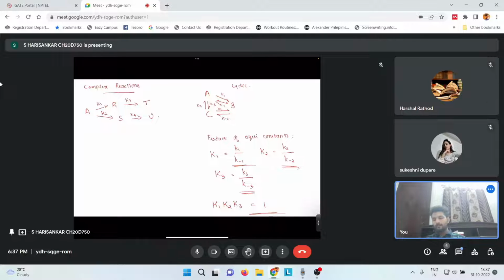Okay, and for now we'll simplify this a bit. So we'll just take something like A gives R and S. So basically this is K1 and this is K2. Basically, you can rewrite this reaction as A gives R plus S, right?